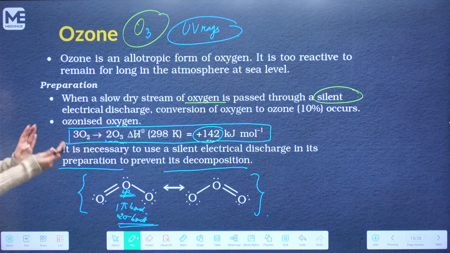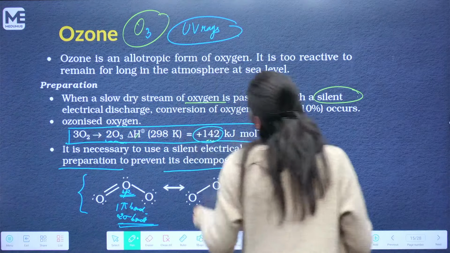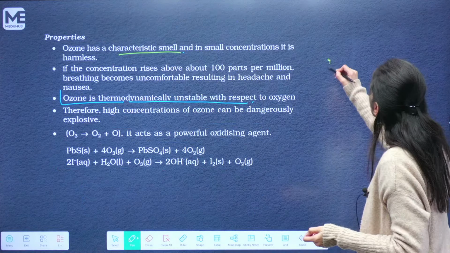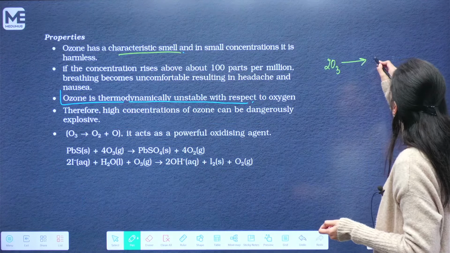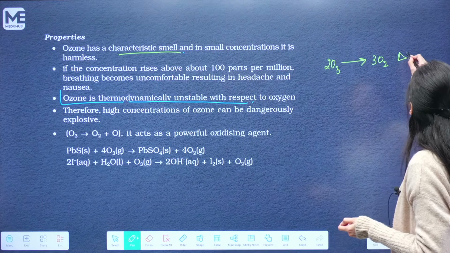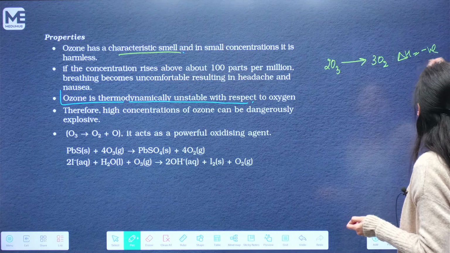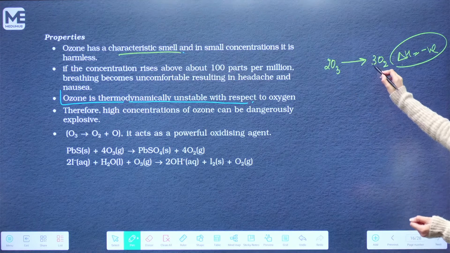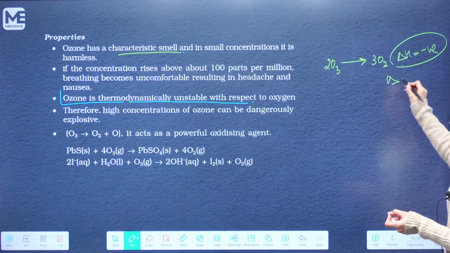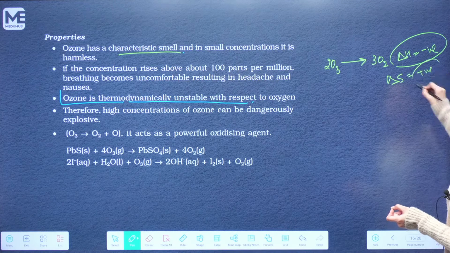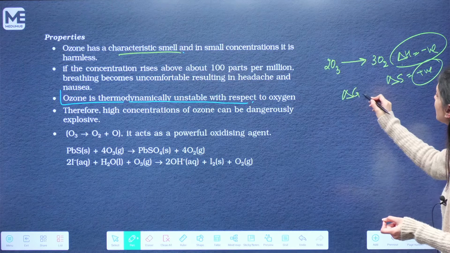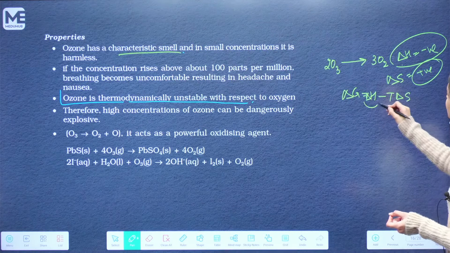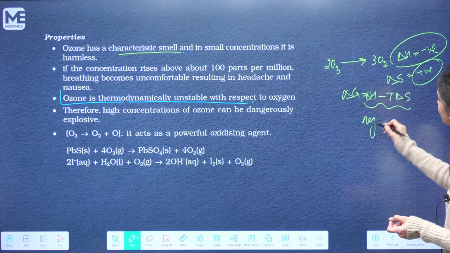So if we take the reverse reaction, that is 2 moles of ozone giving us 3 moles of O2, the delta H now becomes negative. All right, and in this case the number of moles of gas is increasing, so delta S is also positive. So if we talk about delta G, which means delta H minus T delta S, this becomes a big negative term.